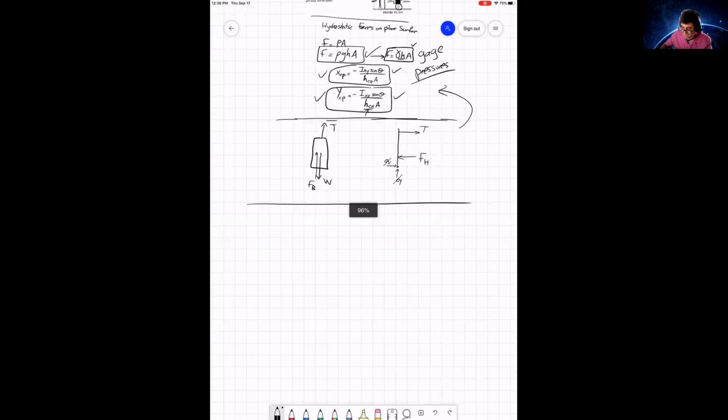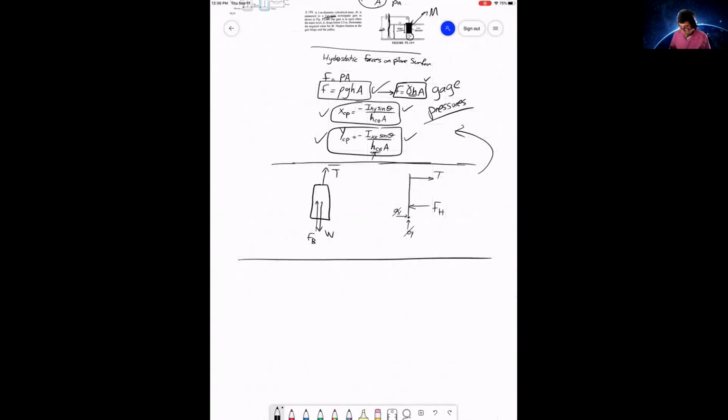Okay. So let's see right here. Let's calculate this force FH, because we have a formula for it. It's just gamma HA, right? So let's calculate this FH. The hydrostatic force is gamma HA.